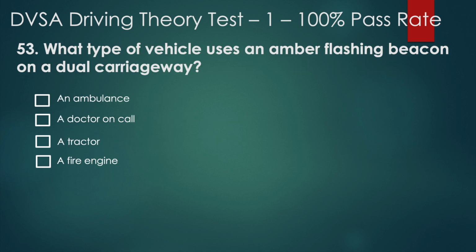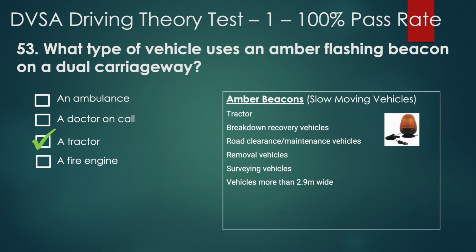53. What type of vehicle uses an amber flashing beacon on dual carriageway? A. An ambulance. B. A doctor on call. C. A tractor. D. A fire engine. And the answer is C. A tractor. On the right hand side, different vehicles which can use amber beacons are listed.